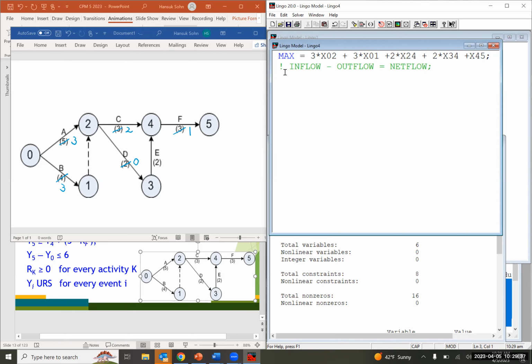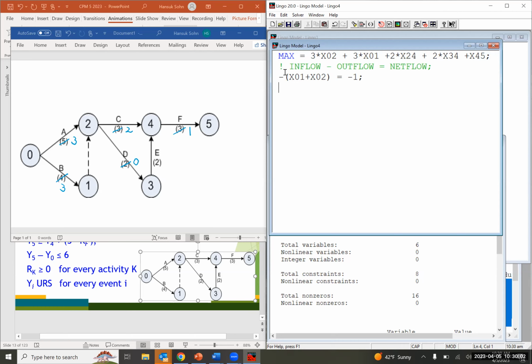So for event number 0, that's going to be negative x01, x02 equals -1, because node number 0 is the supply node, right?